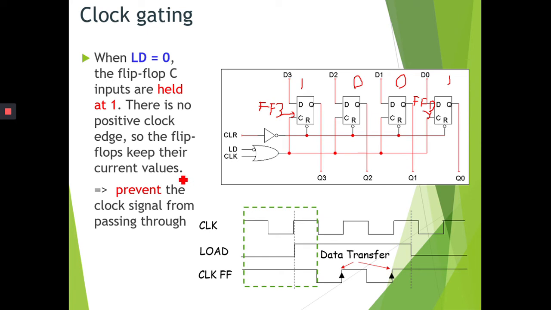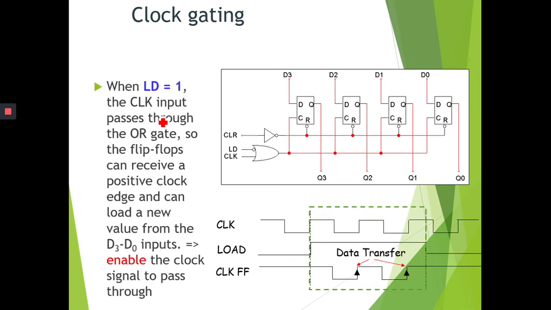You can see the main function of this circuitry is to control the clock. It prevents the clock signal from going into the circuit, so the output just remains as 1 and no clock occurs.